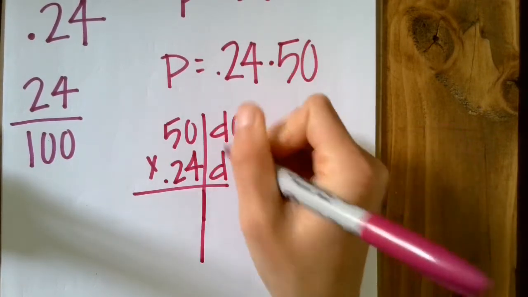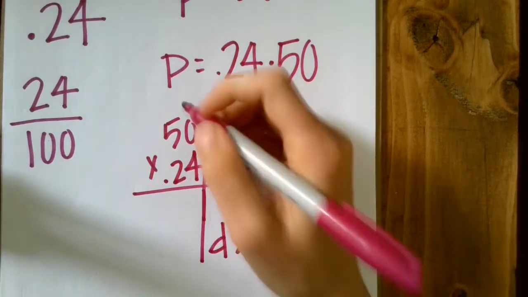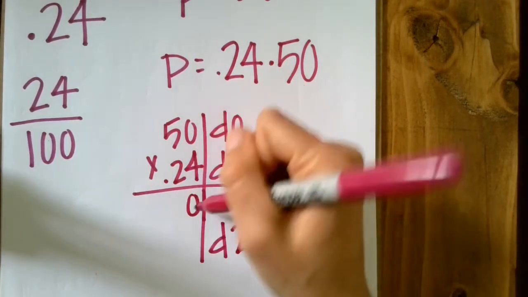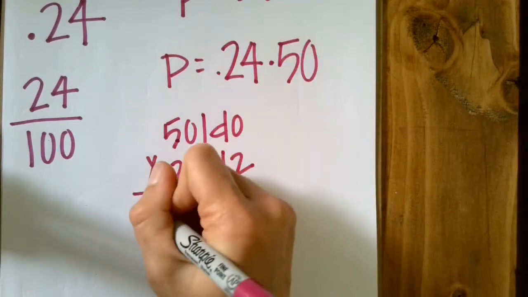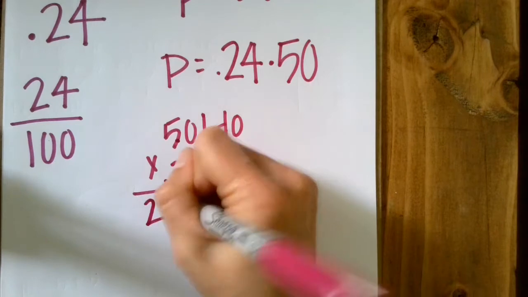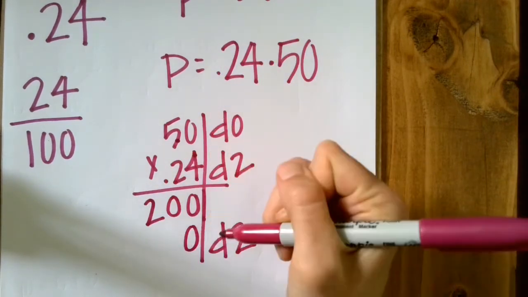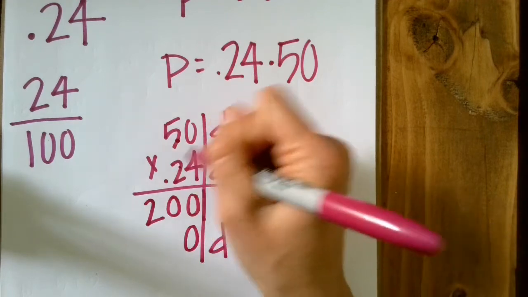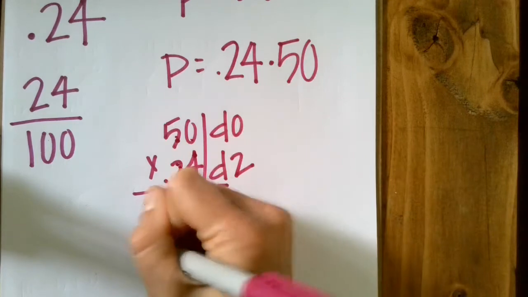I promise you, if you use this strategy, it will help you so much at the end. So now I'm going to multiply. 4 times 0 is 0. 4 times 5 is 20. And because I'm moving on to the tens place now, I have to add a 0. 2 times 0 is 0. 2 times 5 is 10.